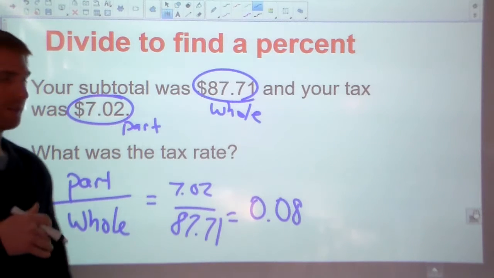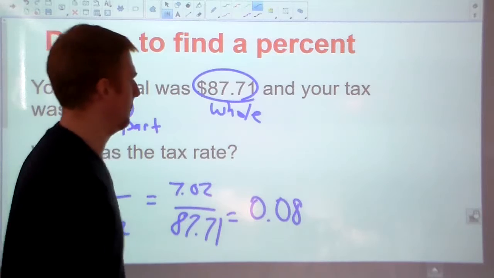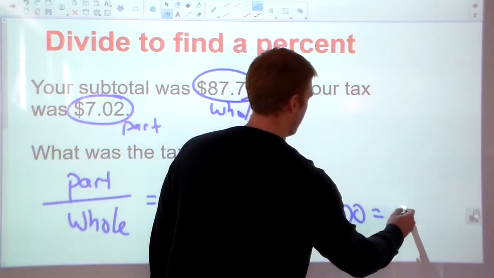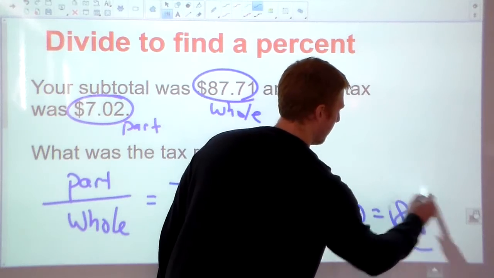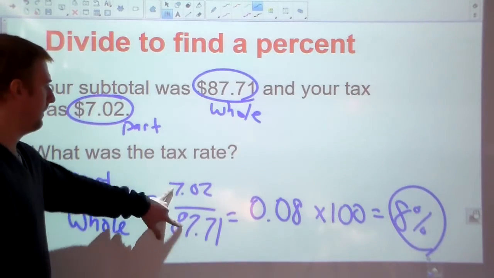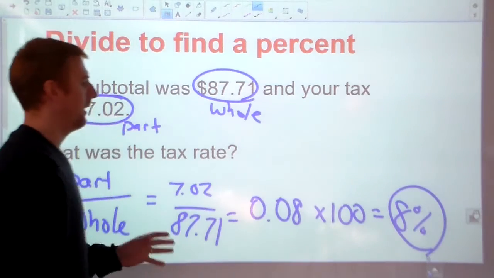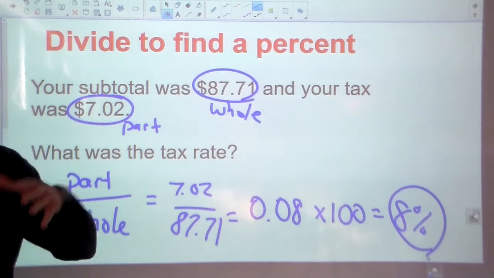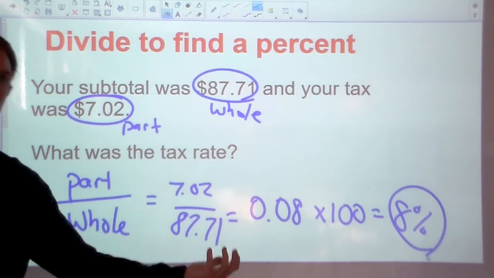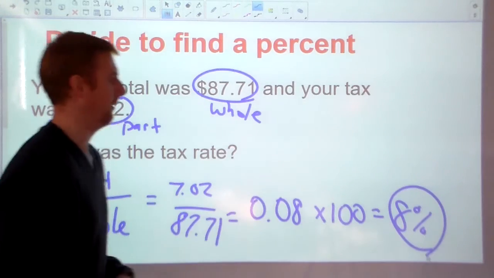Now, a percent is really a number between 0 and 1. So the catch here, you do need to multiply by 100, and then you get your answer, 8%. So divide these two by each other, and then multiply by 100. It's the exact opposite of what you just did. On the other problems, you multiply the 2 and divide it by 100. On these, you divide the 2 numbers and multiply by 100.